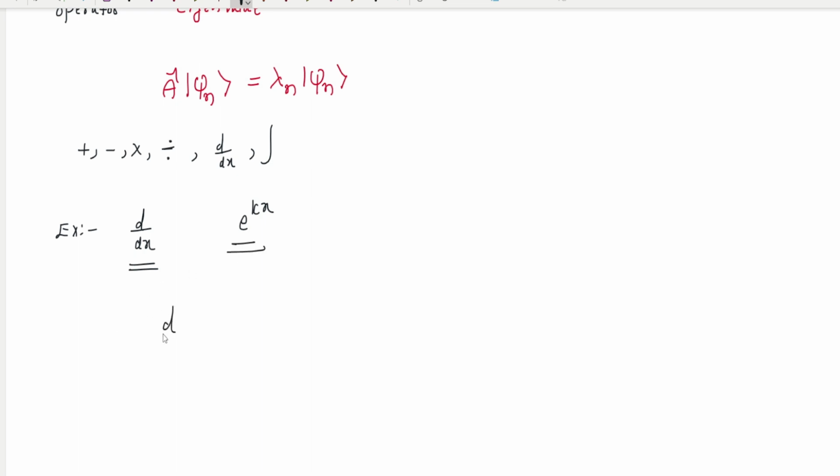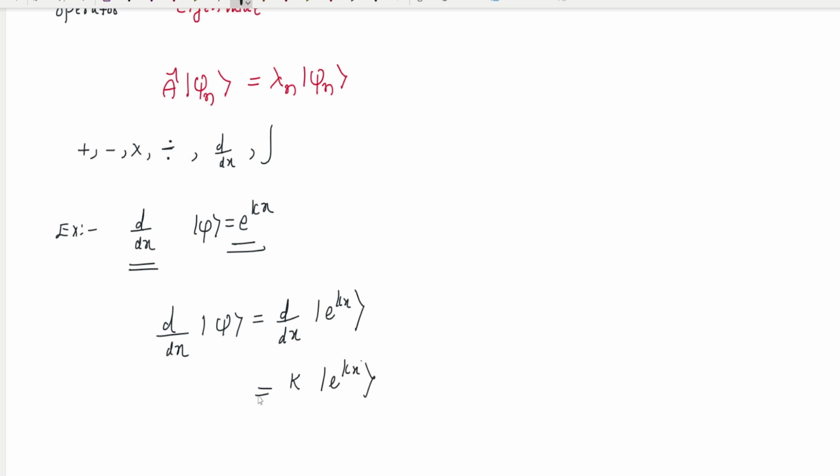So I'm going to apply d by dx. I'm going to design this quantum state like this. This is operator A. In case we apply this operator d by dx on this wave function e power kx with respect to x, then I can get k e power kx.